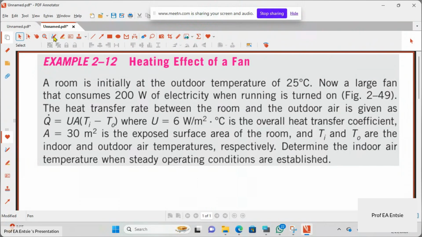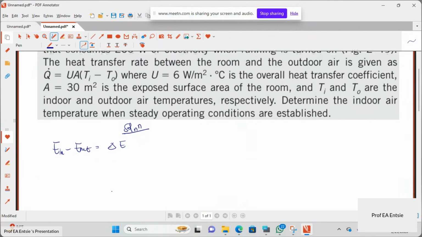So this is also simple. You write your first law. Energy in minus energy out should be equal to what? Change in energy. But I told you that when this energy is given to you in terms of rate, I don't know whether you remember this, I told you if you are giving it in terms of rate, those two will turn into rate.